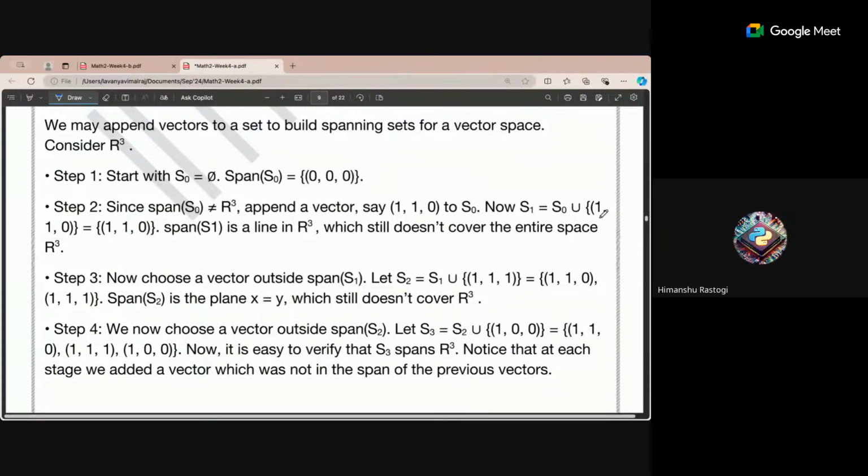Okay, ma'am. So 000, this element is in all the spans, right? If I take a span of R3, then 000 will be there. In any span of any set, the origin, the zero vector, is going to be there.